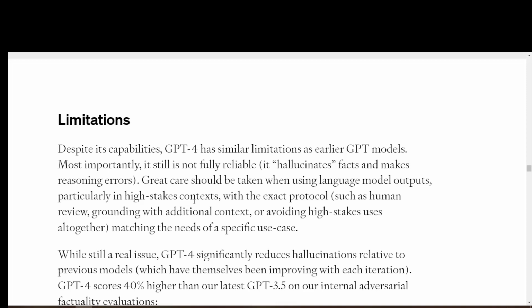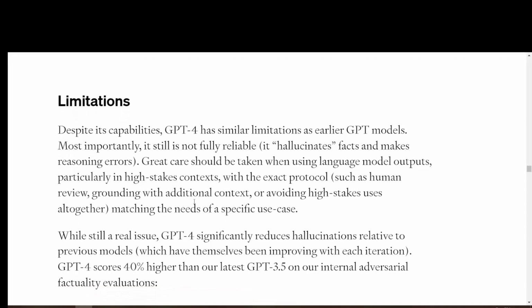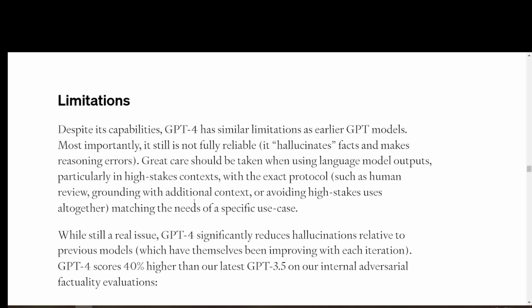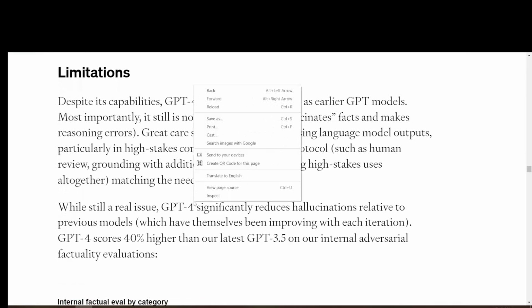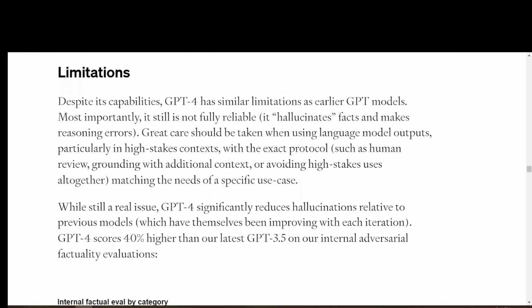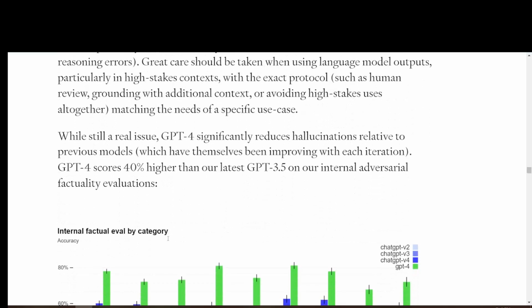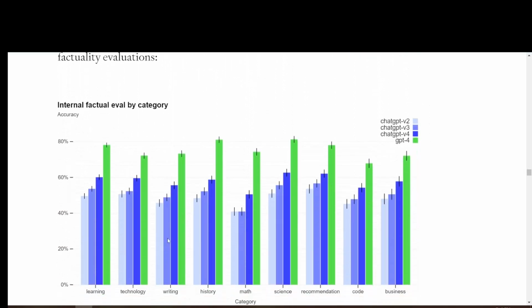Great care should be taken when using language model outputs, particularly in high-stakes contexts, with the exact protocol, such as human review, grounding with additional context and other measures. This is still a real issue, but ChatGPT-4 considerably reduces hallucination relative to the previous models, that is ChatGPT-3 and ChatGPT-3.5.